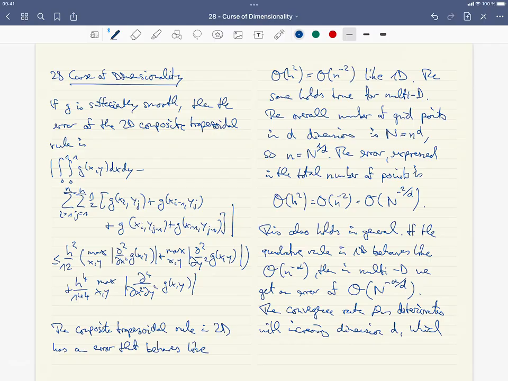And this is called the curse of dimensionality in the literature, usually. All right, so that's the curse of dimensionality. It has appeared before, and it will appear again.